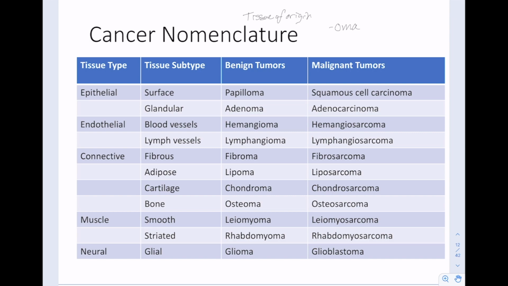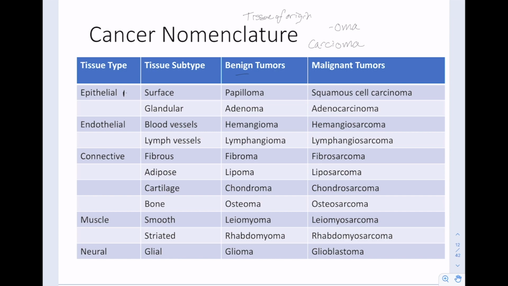So if it originated in the epithelium, this would be an epithelioma if it was benign. So tissue of origin and oma, if it's benign, you can just stick those together. If it's a malignant or a cancer, we also would add carci. So carcinoma together would indicate a malignant or a cancer itself. An epithelicarcinoma, we wouldn't usually say that.